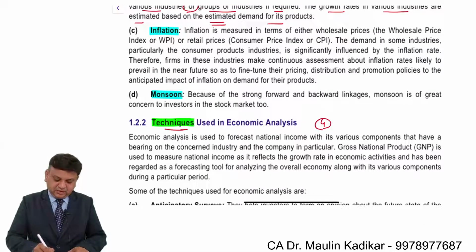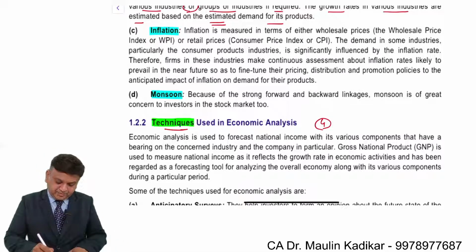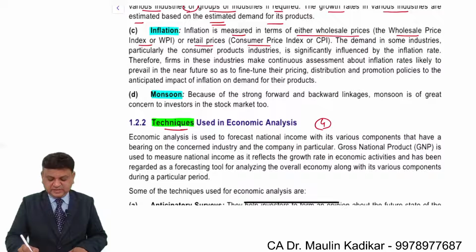Inflation. Inflation is indicating the rate at which the price changes of the same commodity or same services. Inflation is measured in terms of either wholesale price, that is wholesale price index, or retail price, that is called consumer price index. The demand in some industries, particularly in consumer product industries, is significantly influenced by the inflation rate.